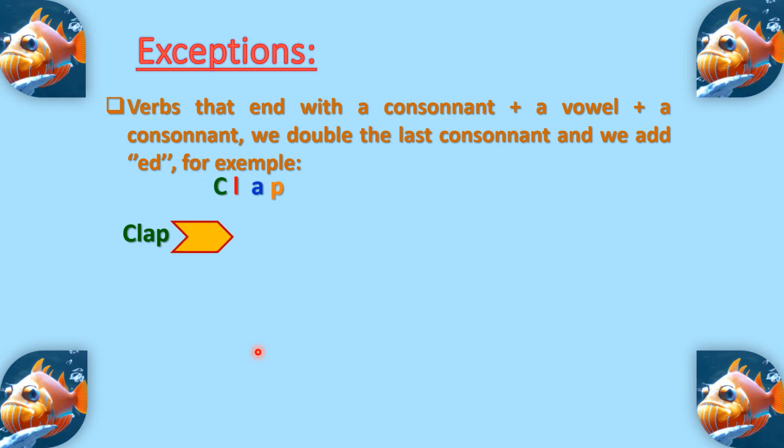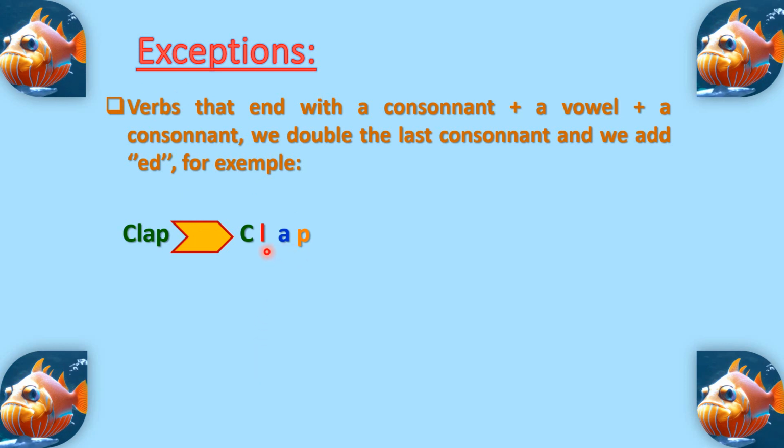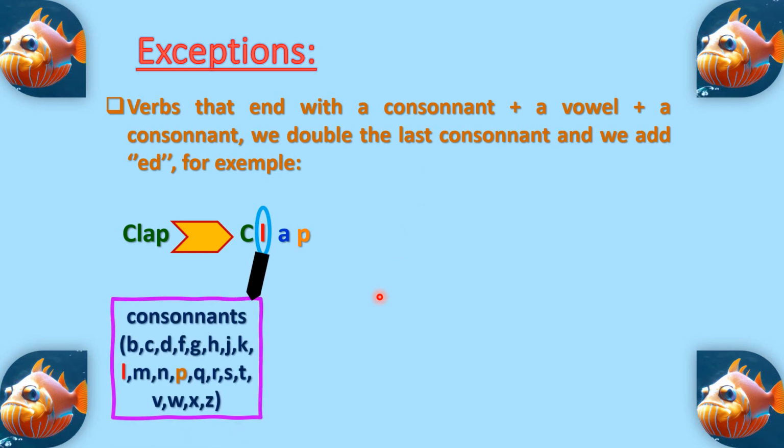Look here, we have clap, C-L-A-P. Here L is what? A consonant. And consonants in English are B, C, D, F, G, H, J, K, L, M, N, P, Q, R, S, T, V, W, X, Z. These are consonants.